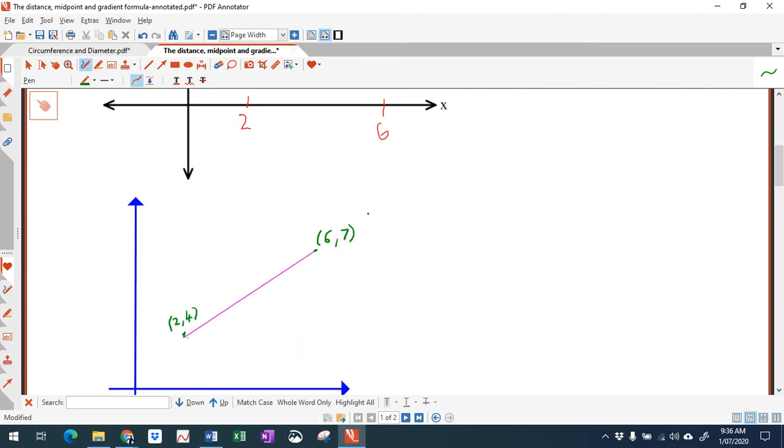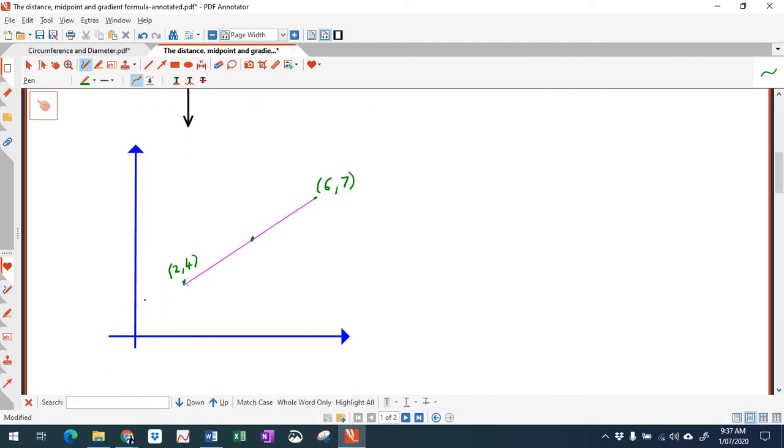Now, this is going to be for the midpoint formula. And for the midpoint formula, what we want to do is calculate the coordinates of the middle of the pink interval there, the pink line. So what we're going to do is tag the numbers x1, y1 and x2, y2.